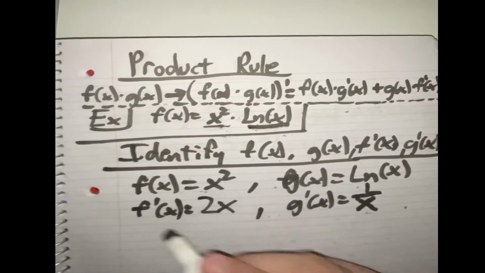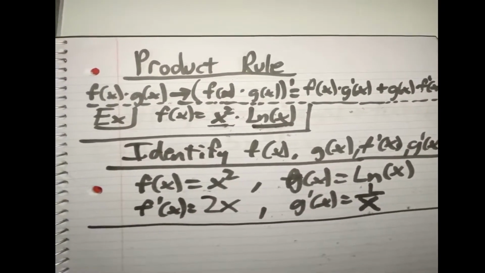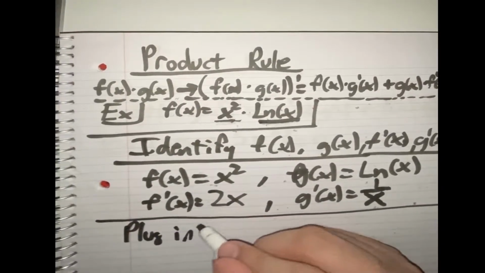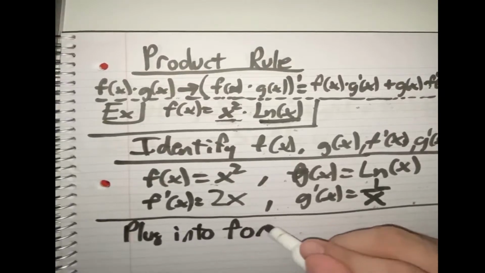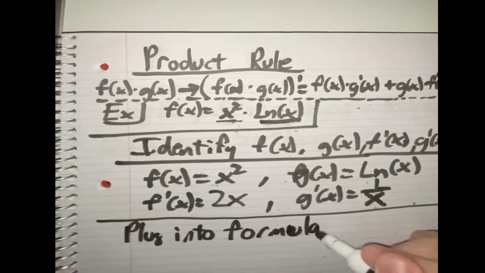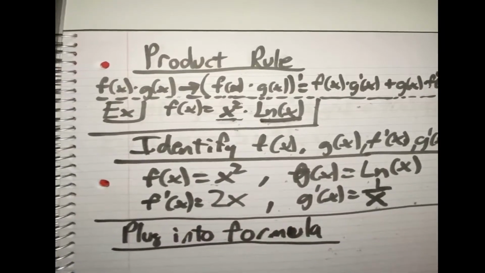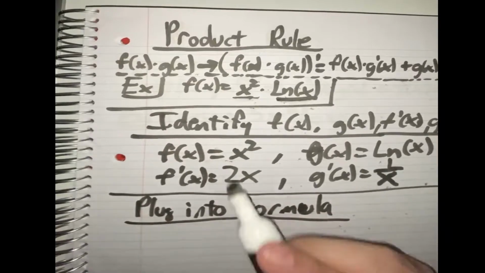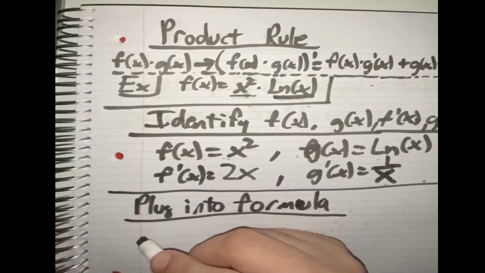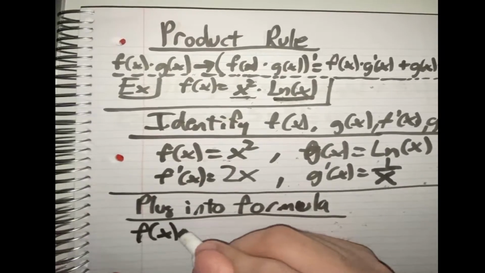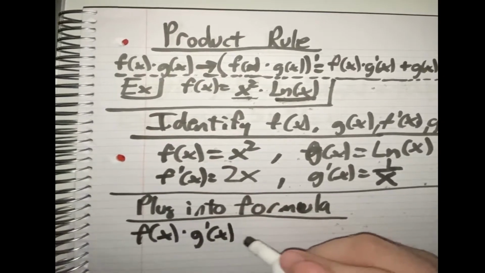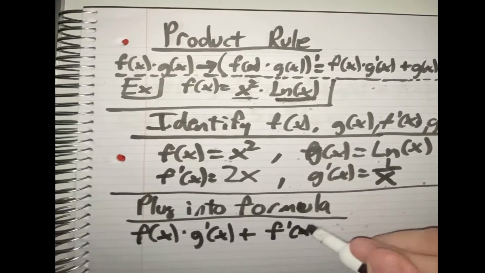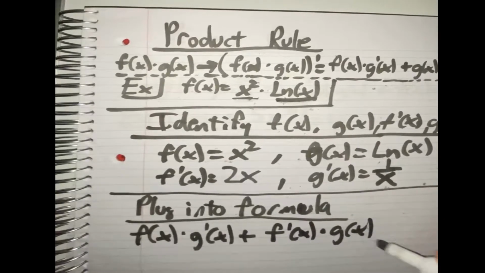So now the next step is literally as easy as just plugging into the formula. The formula is that the derivative of f of x times g of x is equal to f of x times g prime of x plus f prime of x times g of x.